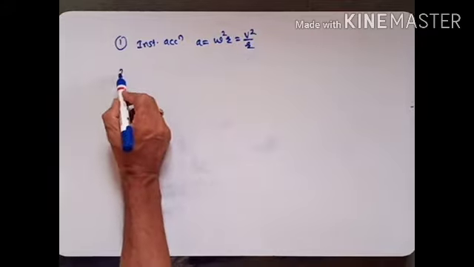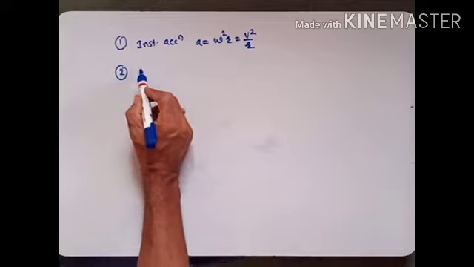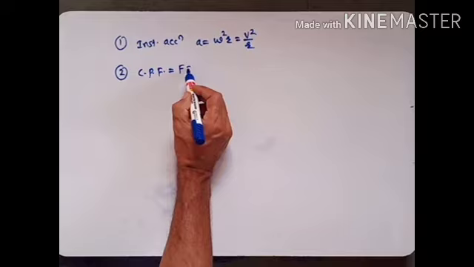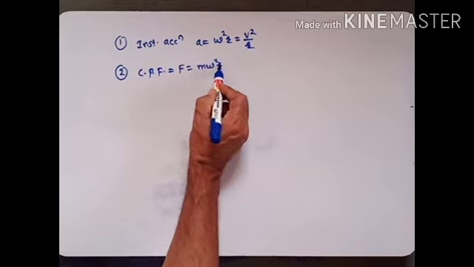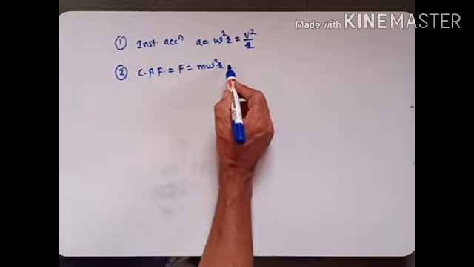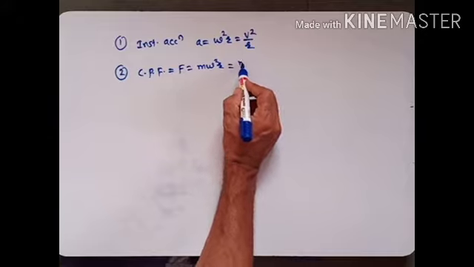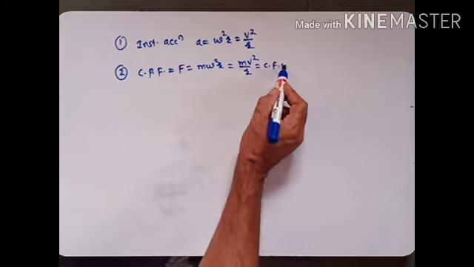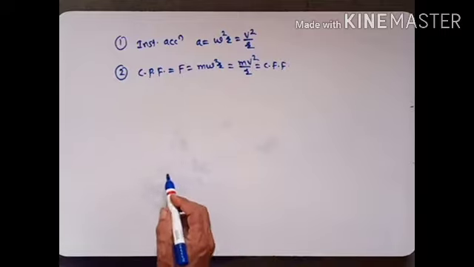This is the first formula. Then second, centripetal force is F is equal to m omega square r, which is equal to mv square upon r, and the same is the centrifugal force, but only the directions are different.